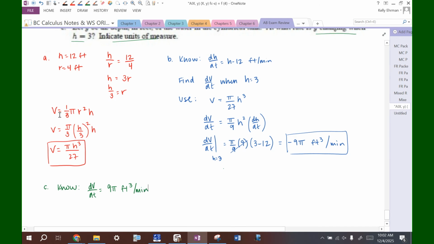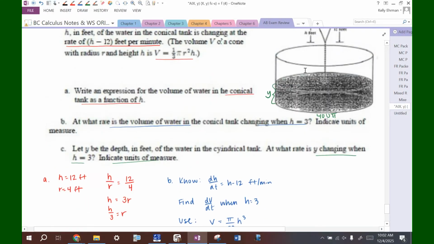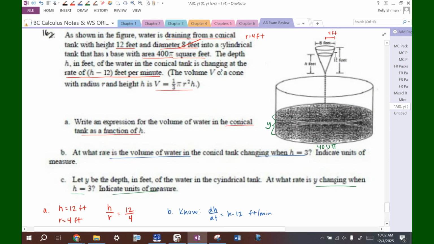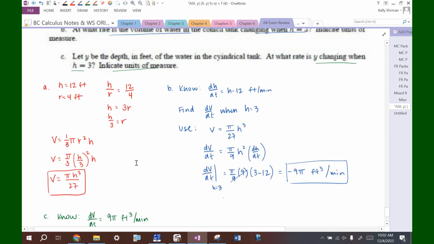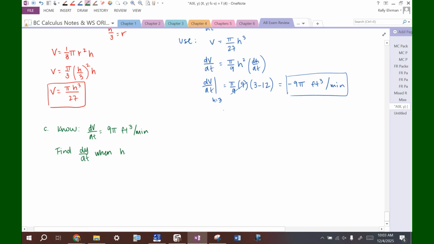If we take it out of weird numbers with pi and stuff, if this is losing 10 gallons in a minute, it means this is going to gain 10 gallons in a minute, right? That's all we're saying. Okay, what do they want me to find? They want me to find dy/dt when, was it h equal to 3 again? Yep, when h equals 3.